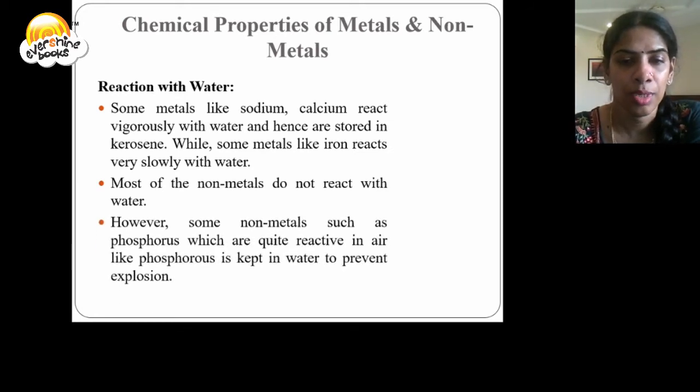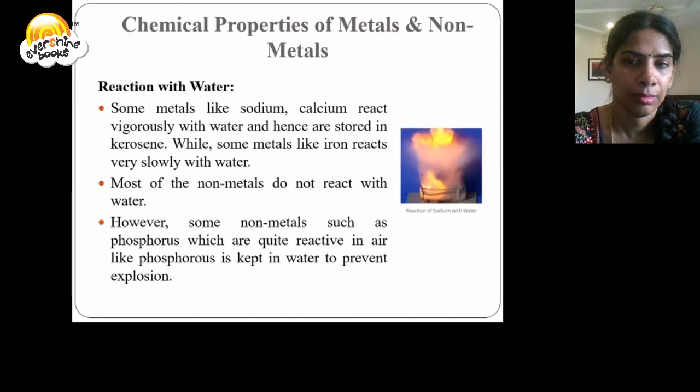However, some non-metals such as phosphorus are quite reactive in air, so it is kept in water to prevent explosion. That shows the reaction of sodium with water. It is reacting vigorously with a flame, the fire.